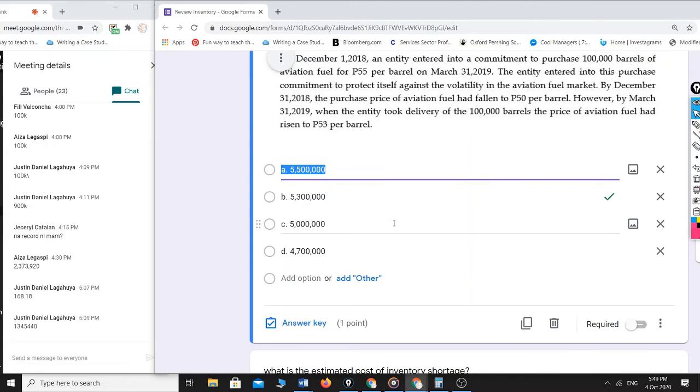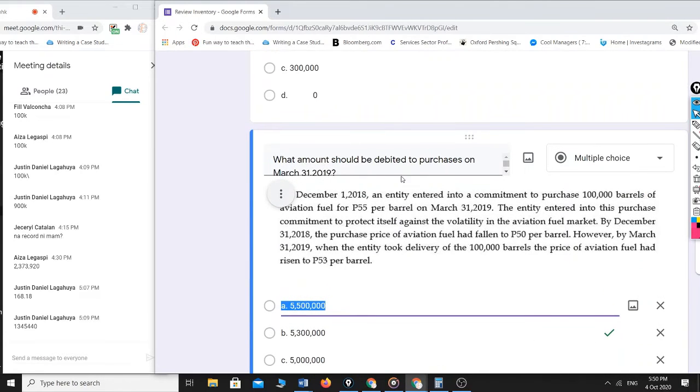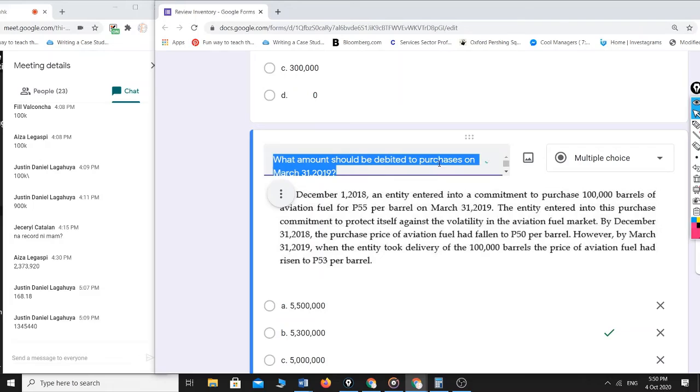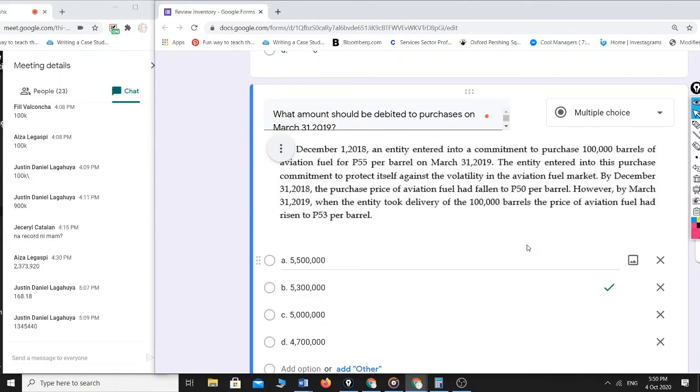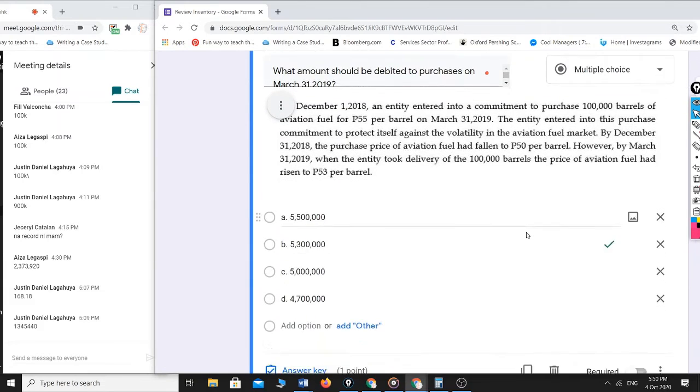So, what amount should be debited on purchases? You choose the lower between the agreed price and the current market price. So, 55 versus 53. We choose 53 pesos times 100,000. And that is the correct amount that should be debited on purchases. So you record purchases of 5.3 million. Okay?